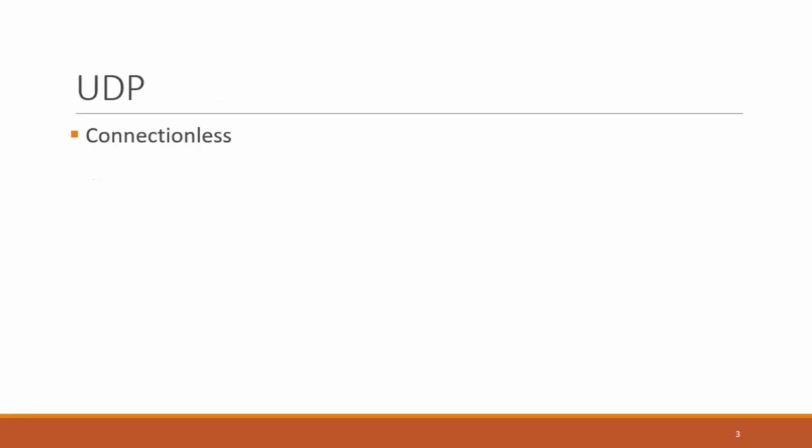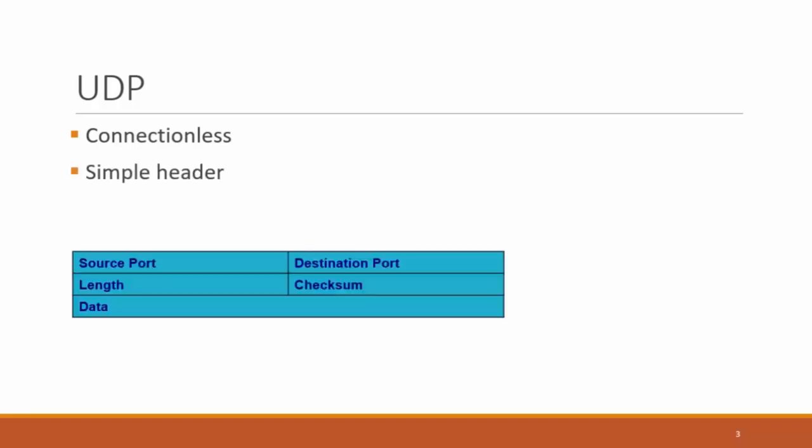UDP, this is our speed protocol, the one we use for streaming. Connectionless, it consists of a very minimalistic header. And there is no acknowledgement of the data that is received by the receiver. That's why it's connectionless.